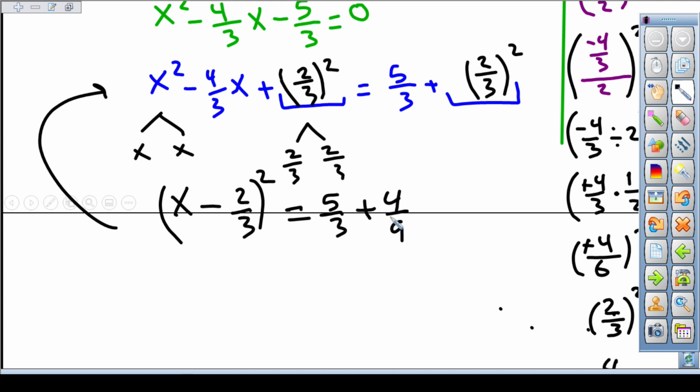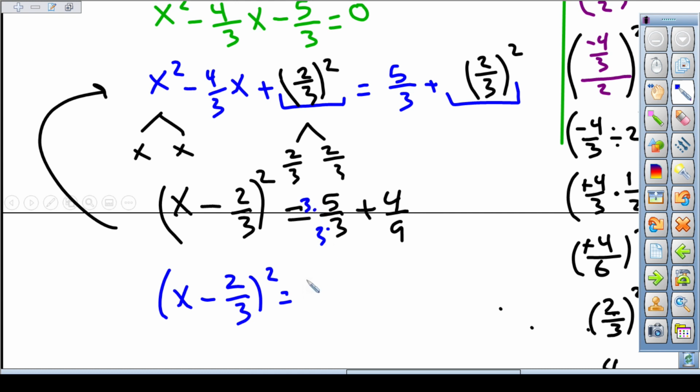So I just have to play with the fraction a little bit here, because now I need to multiply this dude here by 3, right? I could multiply this by 3 to have a common denominator. So basically what I see on the left hand side is x minus 2/3 squared equals this amount here. And I said I could just do 3 and 3.